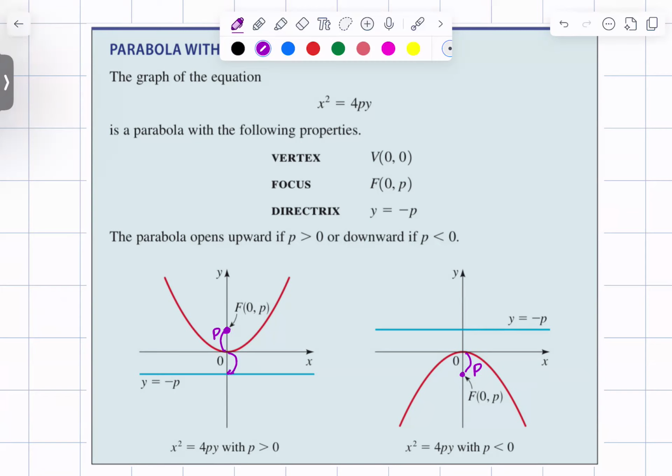So the horizontal line is always going to be y equals negative p. Because that's p, and this distance is p as well, it's going to be negative p. So the one facing up, your p value is positive. The one facing down, your p value is negative.